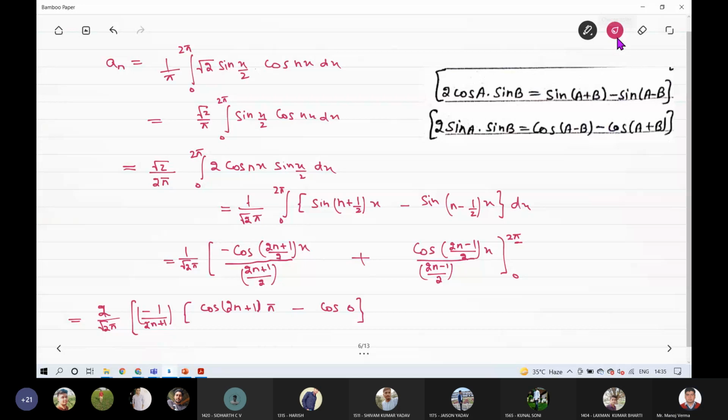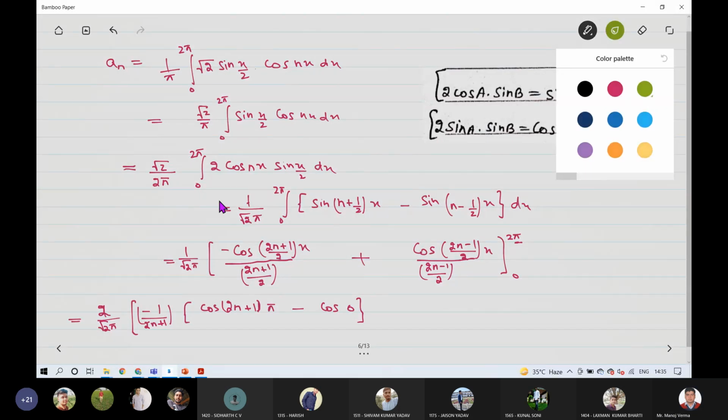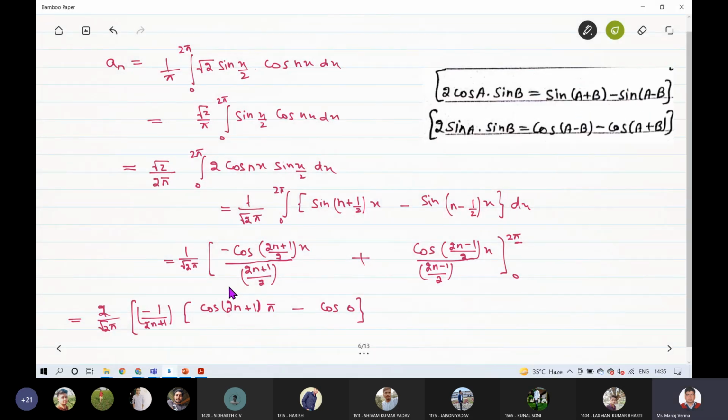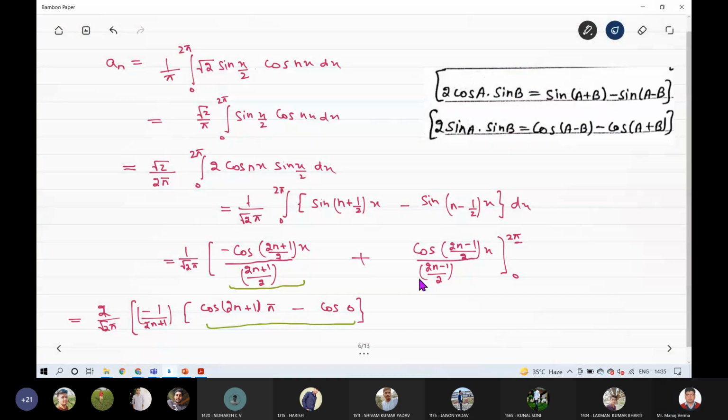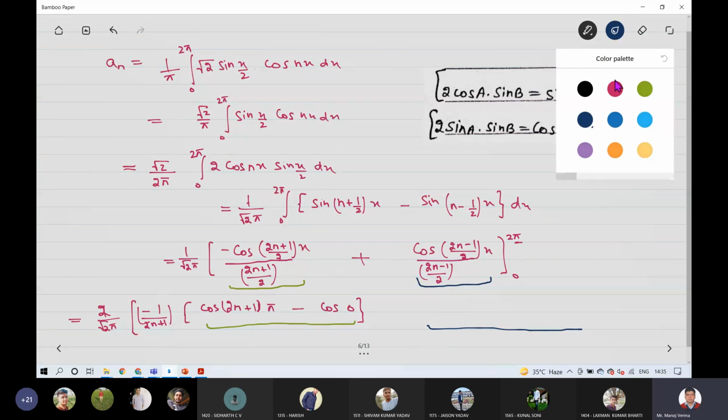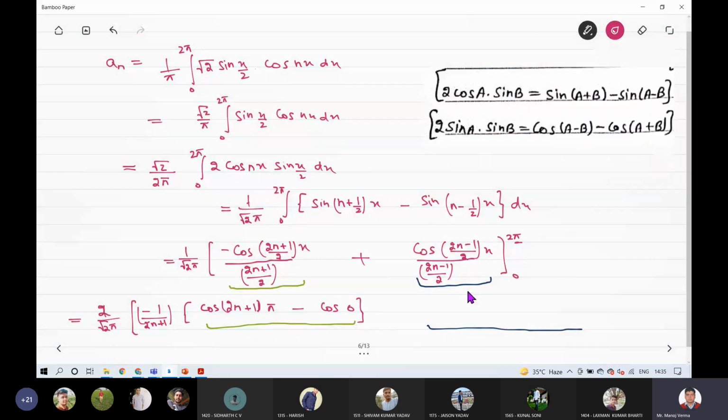Okay. So this expression is simply becoming this expression after inserting the limits. Similarly, this expression will become this one after inserting the limits.